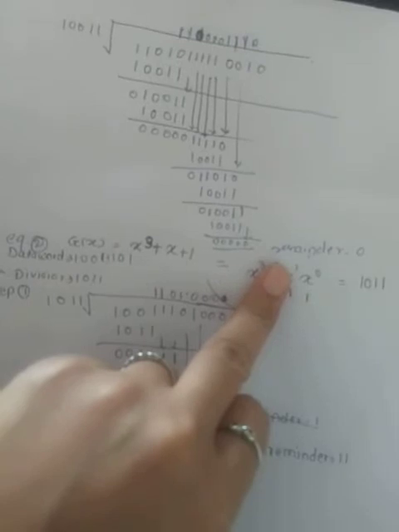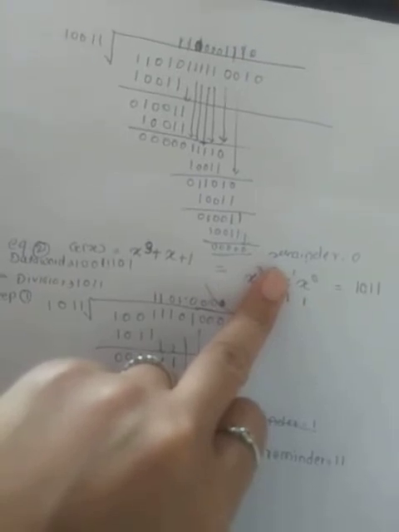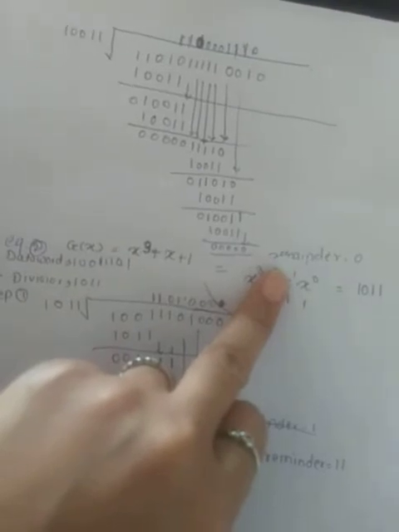The remainder we get is 0. So the remainder is equal to 0, which represents that the data received by the receiver is error free. There is no error occurred in the data received by the receiver. If the remainder is not 0, it represents that the data is not error free.